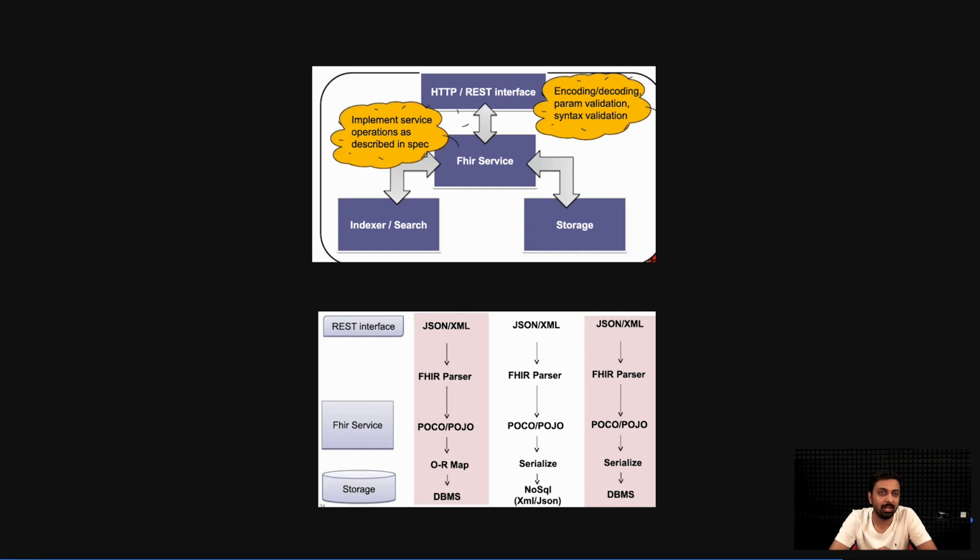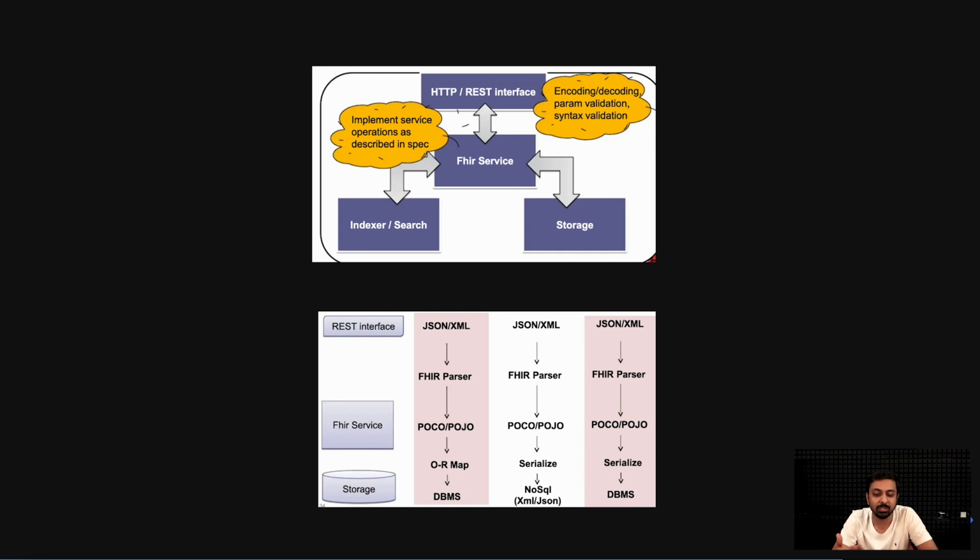If I need to lay down a very simple architecture, if somebody is implementing FHIR, right, it will be like this. There will be RESTful endpoints. Any server which is implementing the FHIR standards is termed a FHIR server. Now you can have the RESTful endpoint, either in JSON or XML, which goes to a FHIR parser, which then passes the data to your service layer like POCO or POJO, and then we are finally storing them into a storage.